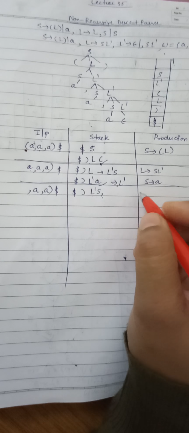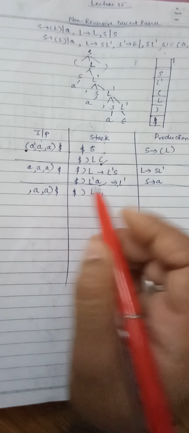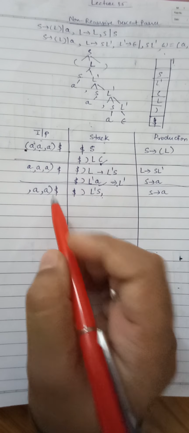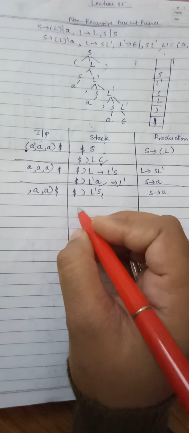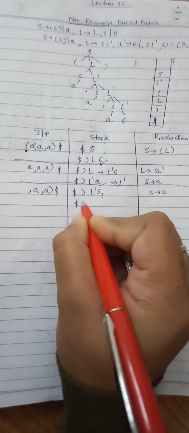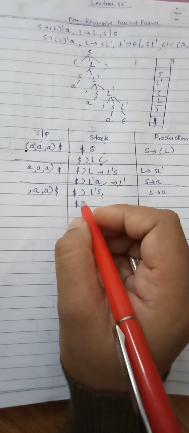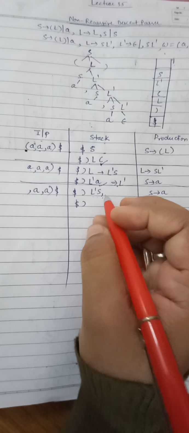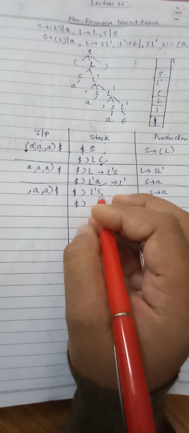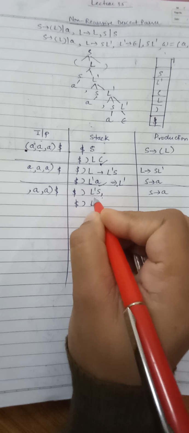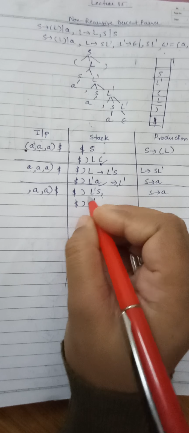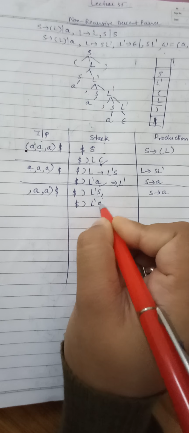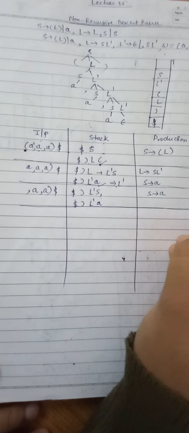So again comma is over and S tends to A, the production will go because we require A. Comma is over, S tends to A is also over. So what will be left is L dash A here. So this production is over.